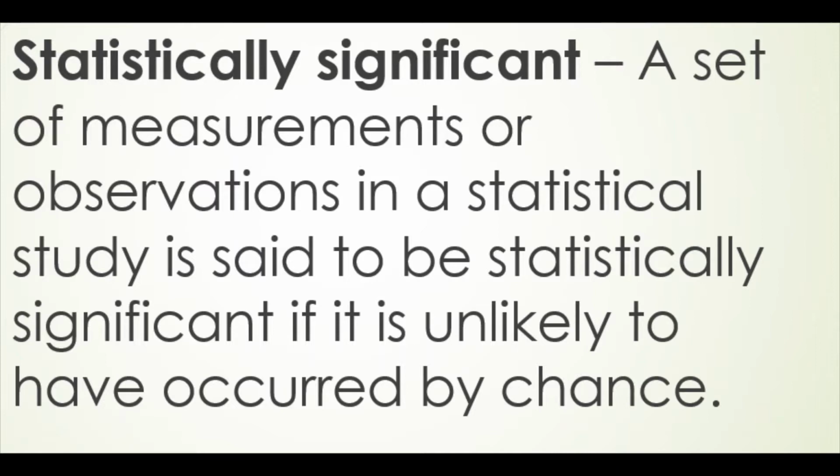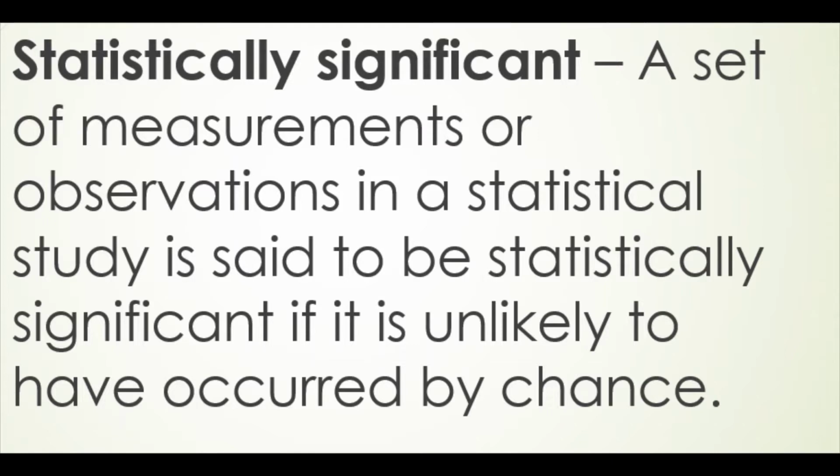It's not really surprising. But if we were to flip a coin 100 times and get, say, 65 heads and 35 tails, now we start thinking maybe this isn't just a coincidence. Maybe this is evidence that the coin is unfair, that it favors heads over tails.